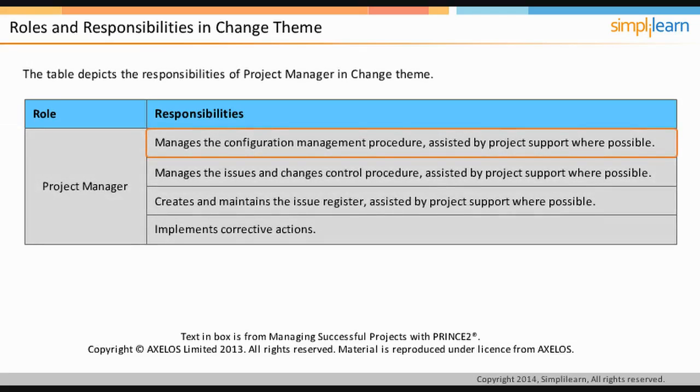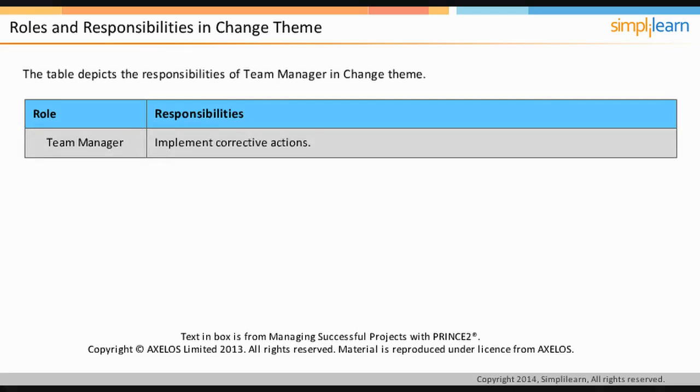Project manager manages the configuration management procedure and issue and change control procedure, assisted by project support where possible. The project manager creates and maintains the issue register, assisted by project support where possible, and implements corrective actions. The team manager implements the corrective actions.